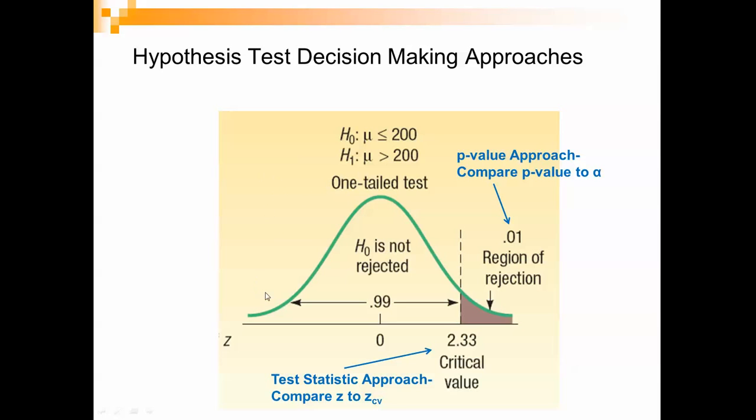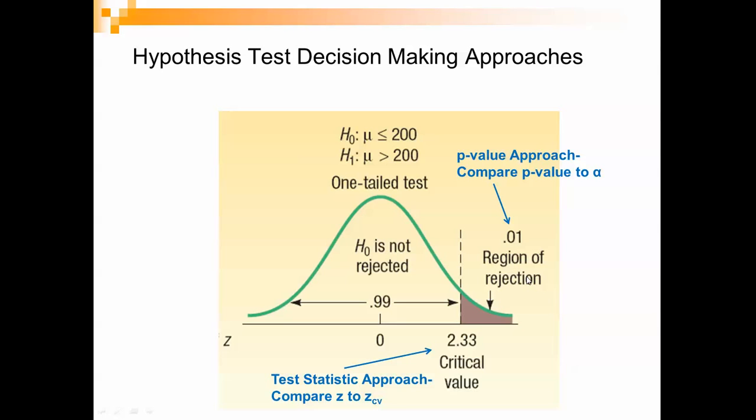So for the test statistic approach, what do we do? We calculate the critical value, which is really just the z or t value of our chosen significance level. And then we compare the test statistic of our sample observation against the critical value. If our test statistic is outside the critical value, in the rejection region, we reject the null hypothesis. For the p-value approach, we calculate the z or t test statistic value, the one based off of our sample data.